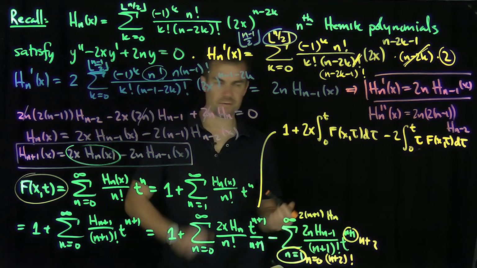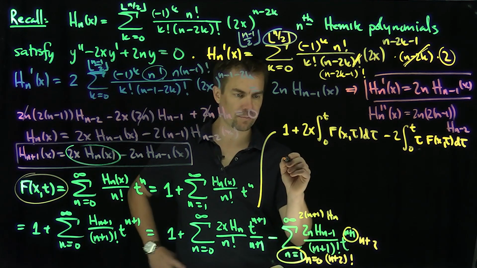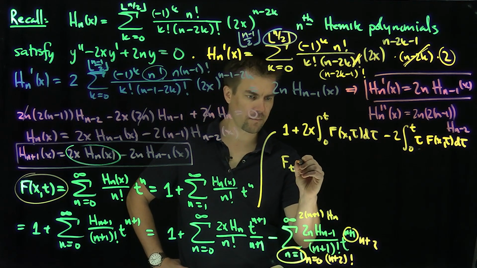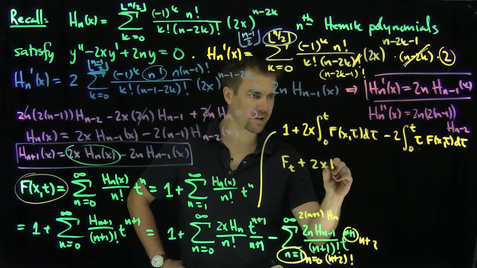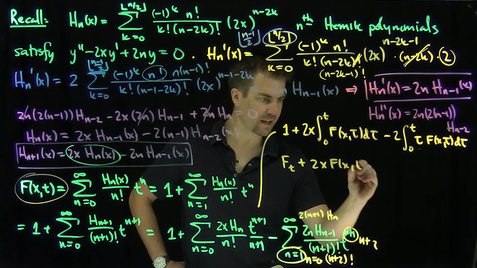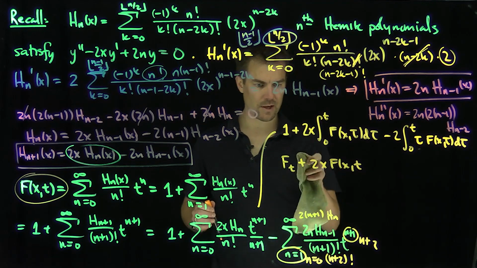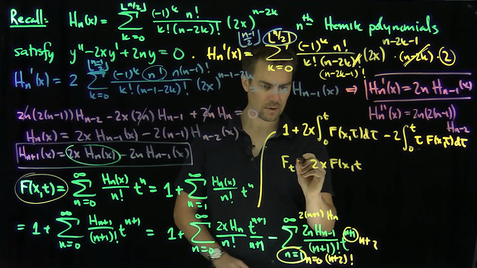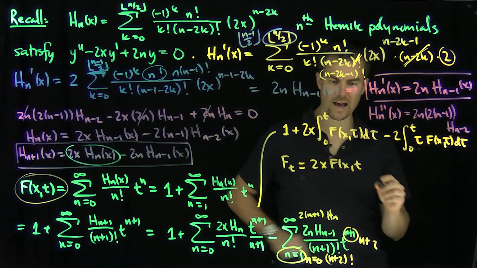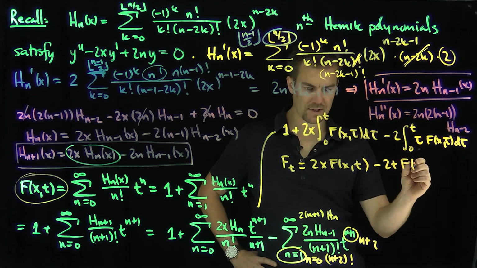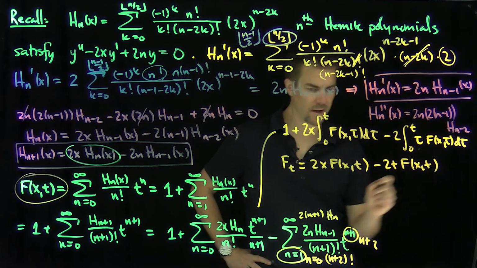So I'm going to do the t derivative of this thing over here. If I do the t derivative of this expression, I'm going to have f_t, the t derivative of f. The t derivative of 1 is 0, plus a 2x f of x, t, and this is going to be equal to 2x f of x, t, and then minus 2t f of x, t. Okay?